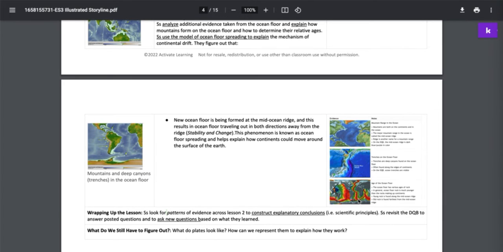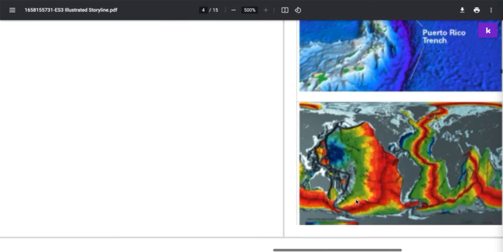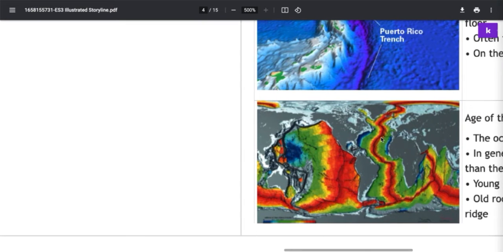And so when you look at this image, which is kind of hard to see, I don't know if I can zoom in on it or not, but if you look at the middle of the Atlantic Ocean, the darkest red is the youngest rock and the blue is the oldest rock. And so you can see it parallels on both sides of this. So it shows that these plates are spreading apart.